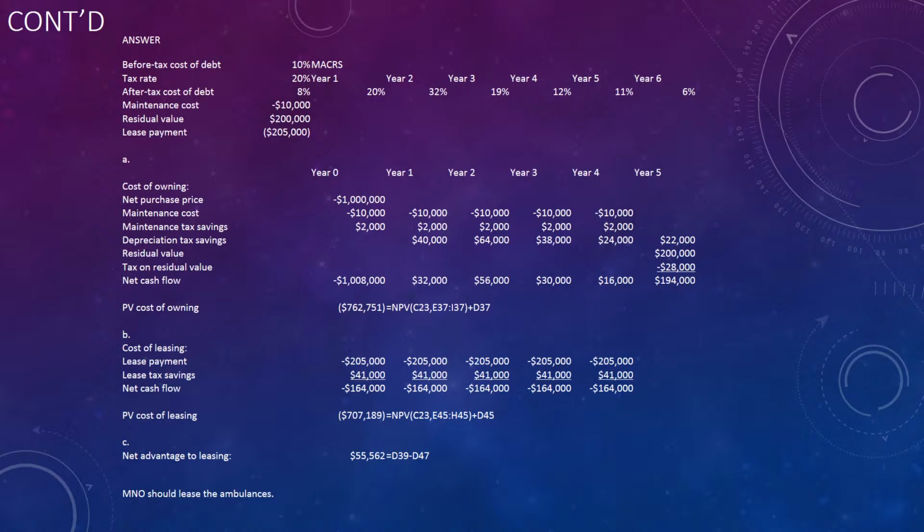So our net cash flow per year is $164,000, versus that $1 million we're laying out right at the beginning. So the actual net present value of leasing is less. There's a $55,000 advantage to leasing versus owning. So ultimately, M&O should lease the ambulances.